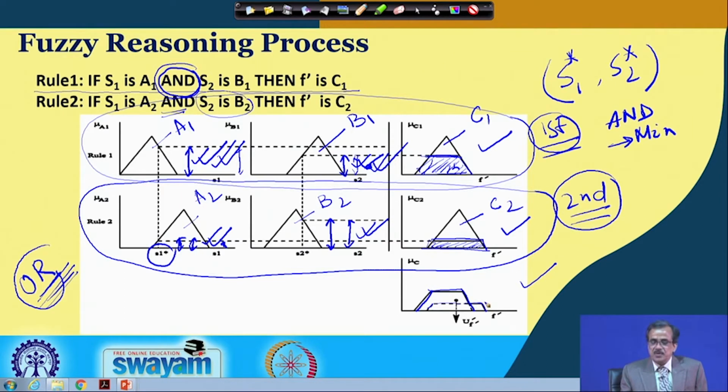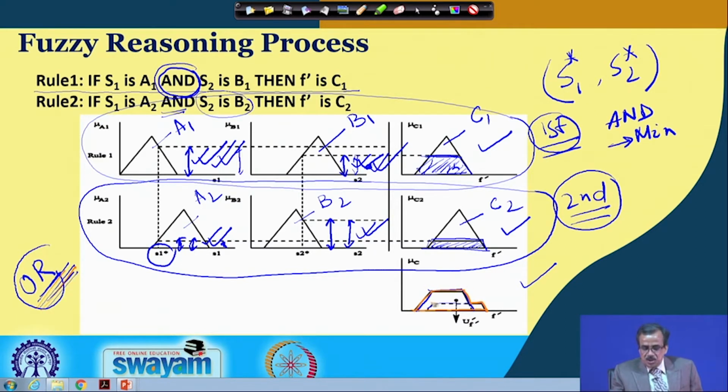Now, if I try to find out what should be the combined control action, the output of the combined control action is decided by this particular output. So, this is actually the area that indicates the combined control action considering both the fired rules. This is the way we combine the output of the two fired rules using the OR operator.